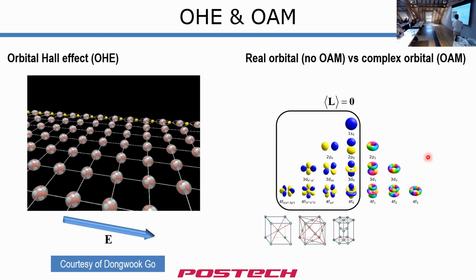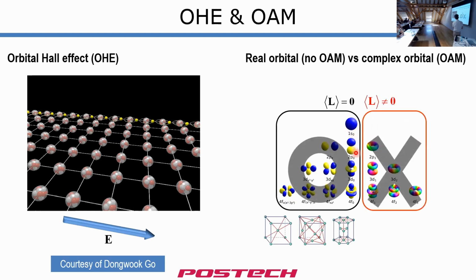Whereas those kind of complex orbitals with orbital angular momentum are kind of forbidden. But this picture actually predicts that out of this equilibrium orbital configuration, they transform to complex orbitals when electric field is applied, and that complex orbital generates a spin response through L.S coupling.